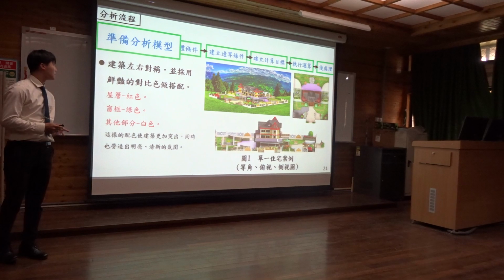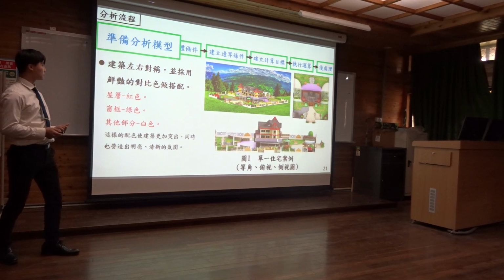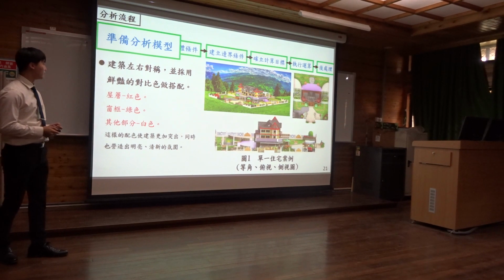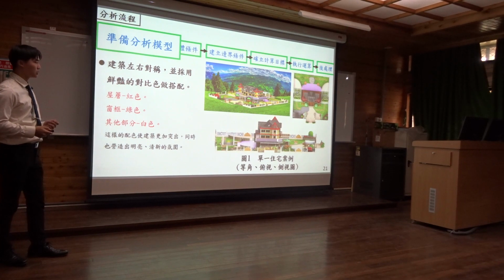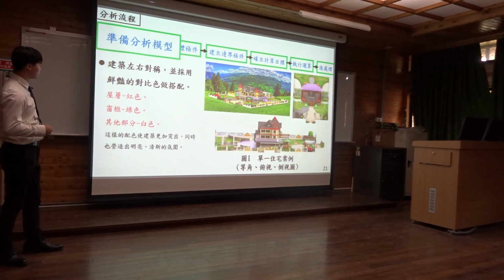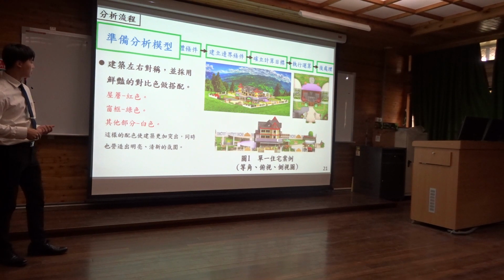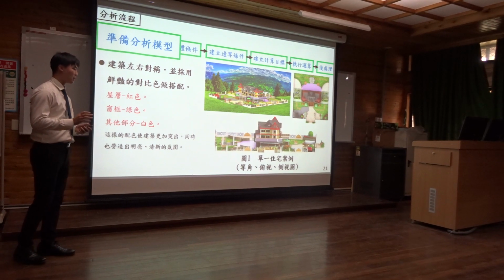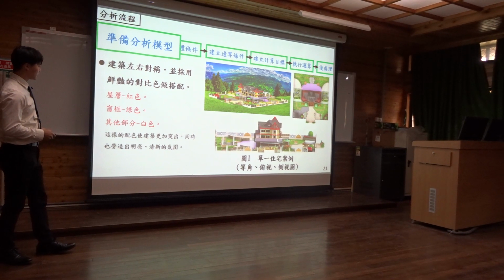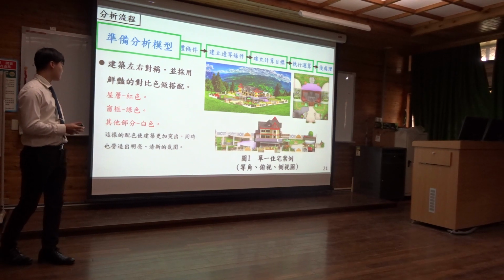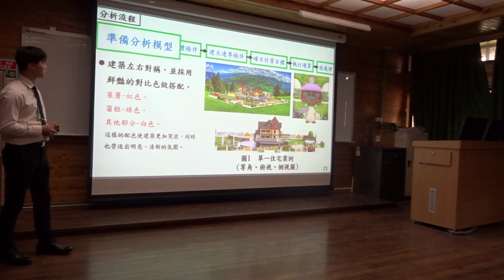The building is symmetrical on both sides and features vibrant contrasting colors. The roof is red, the window frames are green, and the other parts are white. This color scheme emphasizes the building to create a bright, fresh atmosphere.